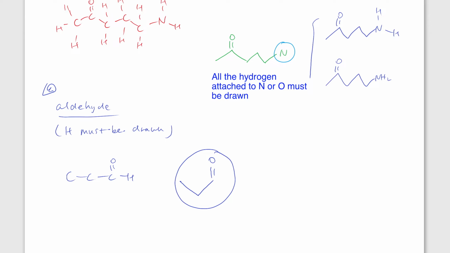It's just that for aldehyde, the hydrogen must be drawn. So this is incorrect. You must indicate the position of the hydrogen. So it needs to look like this. This is the correct diagram for aldehyde.